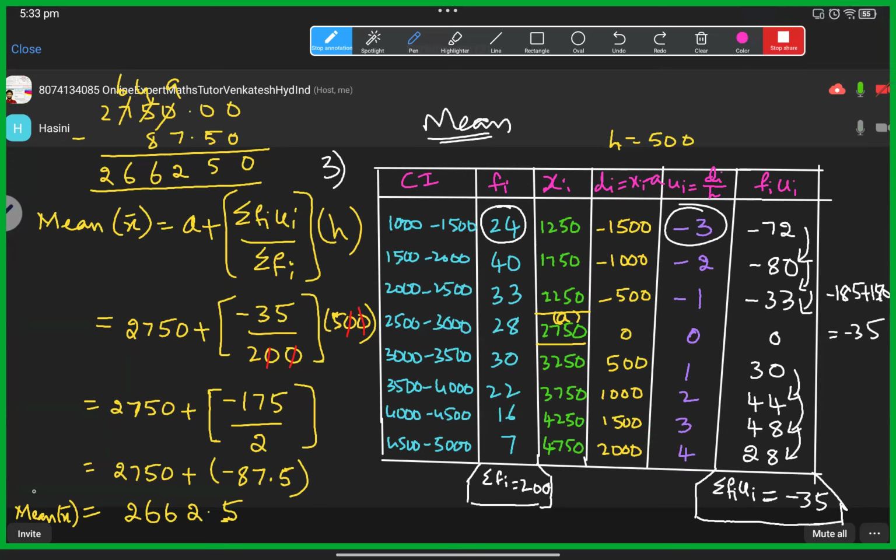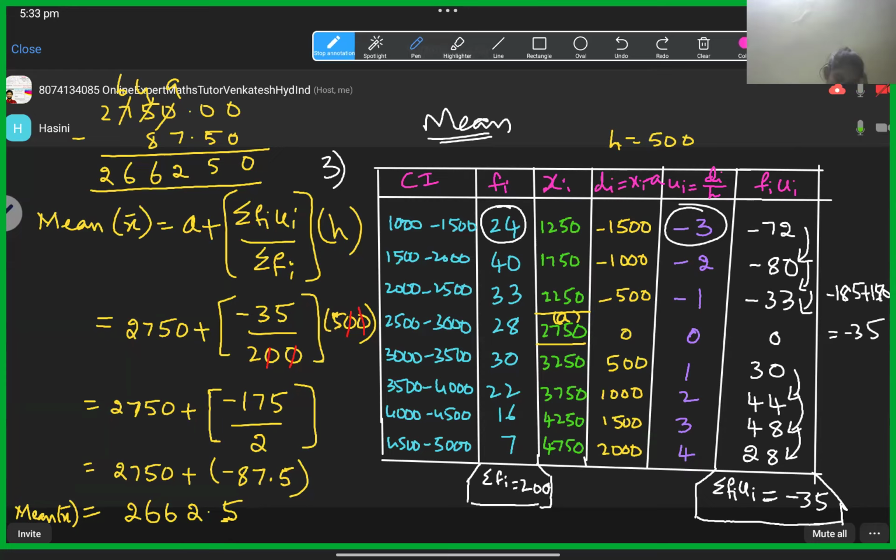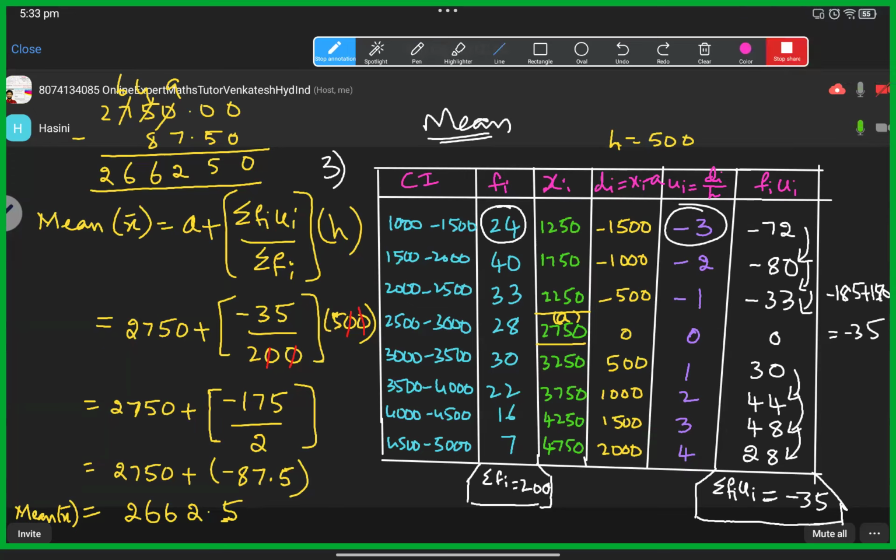Just for confirmation, check the back answer. In the third question, mean and mode values, mean value is correct: 2662.5. Most of the answers are correct, except one question.